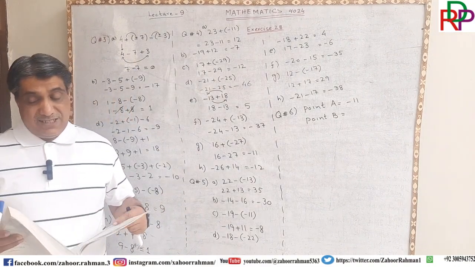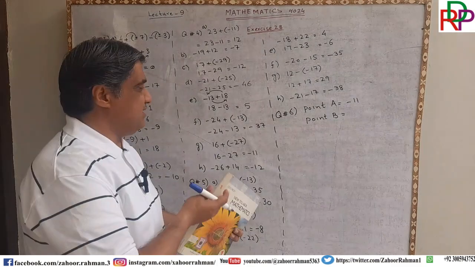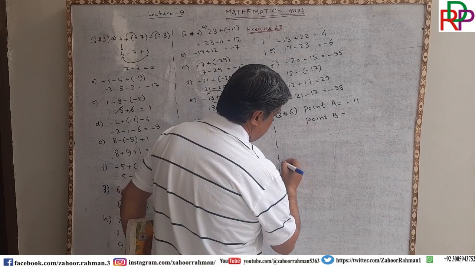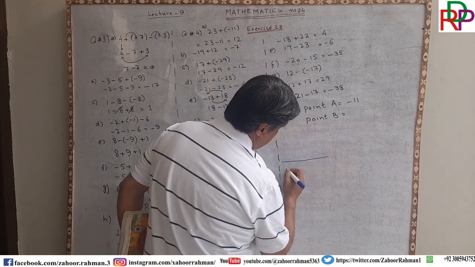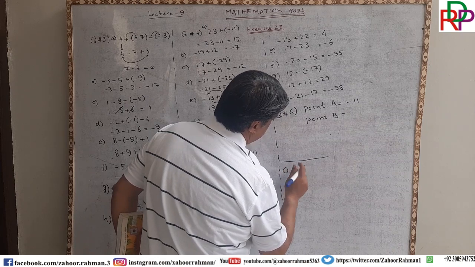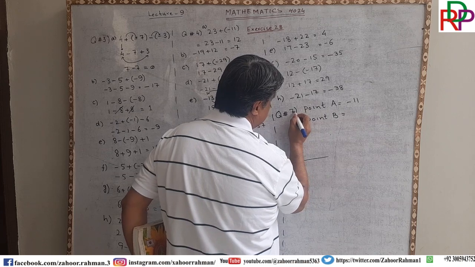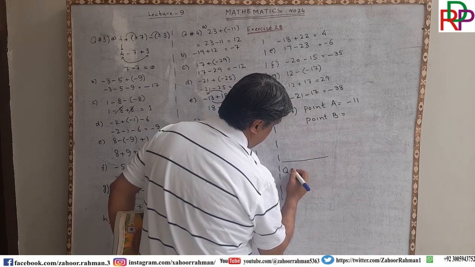Sorry, this is question number 7, not question number 6. Okay, we are coming towards question number 6 before question number 7. I will write question number 7 and then question number 6.